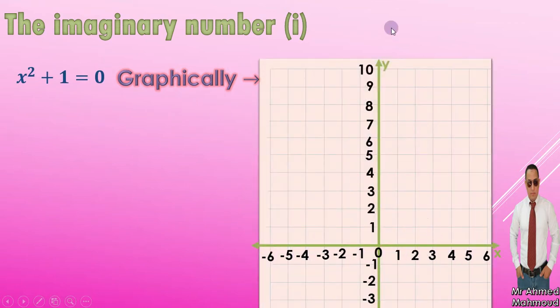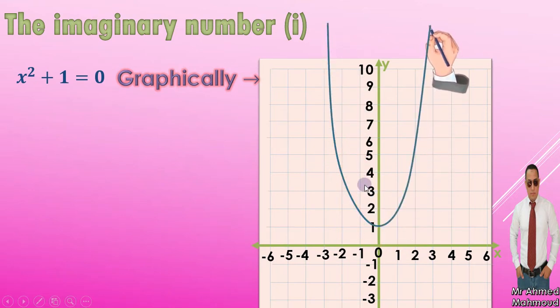Here we have the x-axis and y-axis. The graph will be like this. It is a U-shape, intersects the y-axis at 1, and this curve doesn't intersect the x-axis. So we don't have any solution here, because the solution, as I explained in the last lesson, is the intersection of the curve with the x-axis.